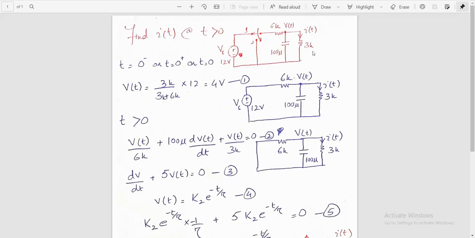When the switch is in position 1, the source is connected to the 6 kilo ohms resistance, the capacitor and the 3 kilo ohms resistor. But there is one important point.